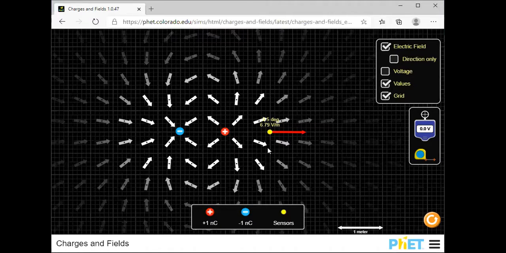Let's see, it's not what I've drawn here. If my smallest value of x is 1, that value would be actually right here. Why is that? Because again, it's from the origin. Locations from the dipole are measured from the origin, the center between the dipole, right between the minus and plus.